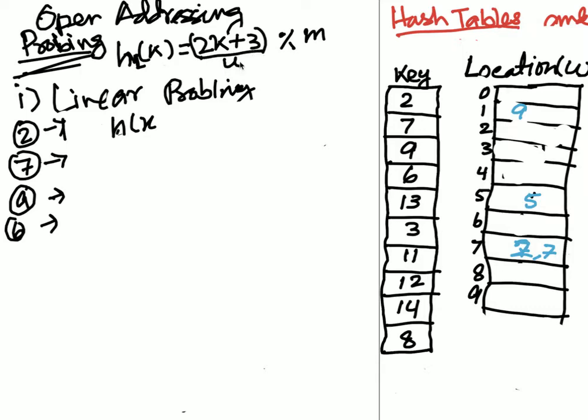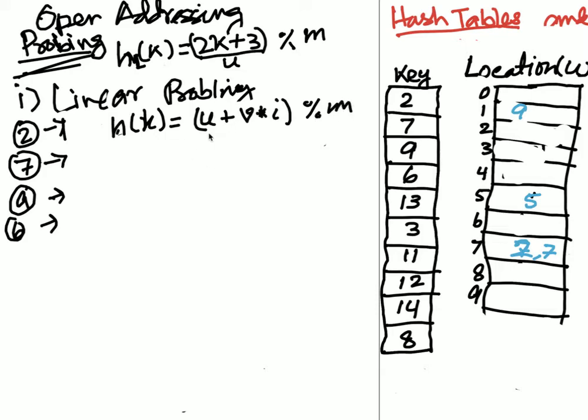Okay, but instead of like this, what we use is h of k equal to this u plus another function v, for instance v times i, which I will be using as the index for probing, and then we use modulus m.